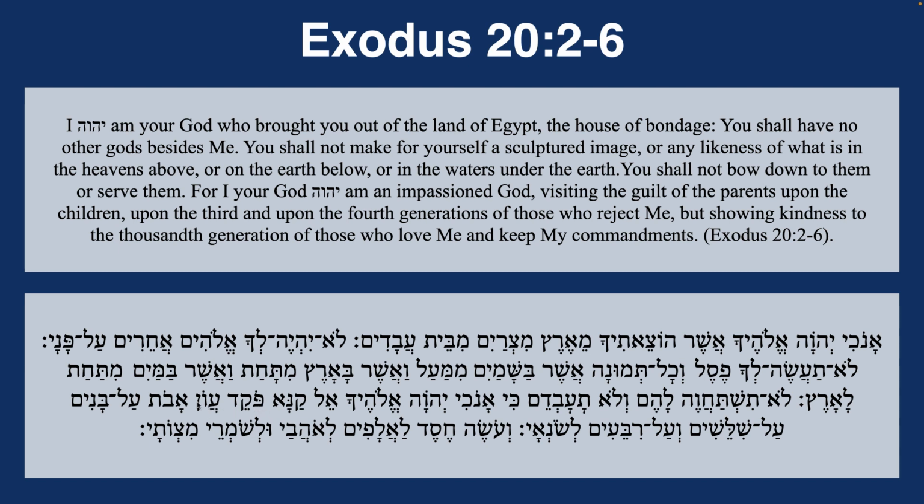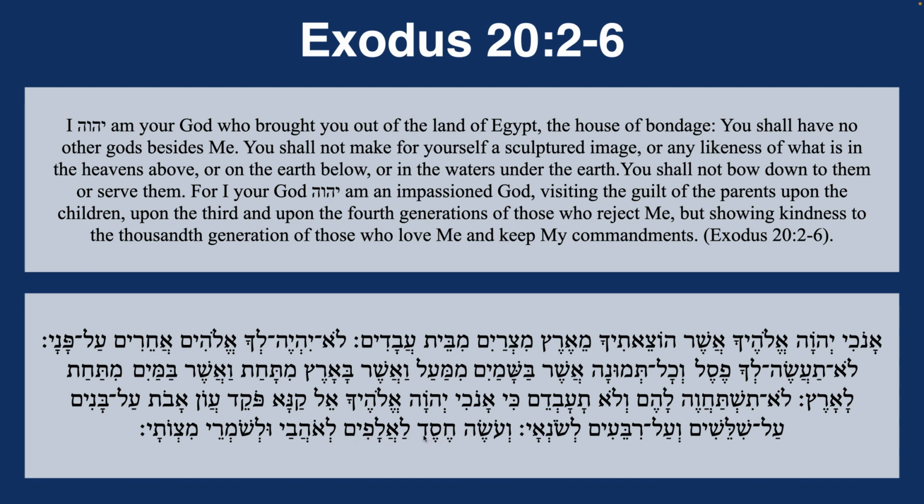Poked avon avot. Avon is the sins. Avot are the sins of the fathers. He brings poked avon avot al banim, upon the sons. Al shileshim. Shileshim is the third. Ve al revi'im, upon the third, upon the fourth. Ve ose chesed la alfim.